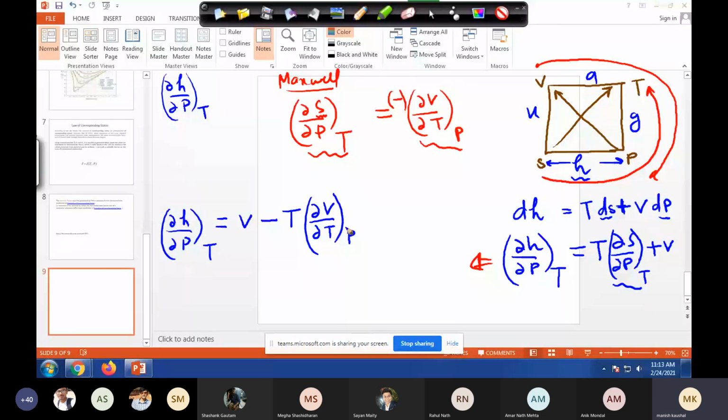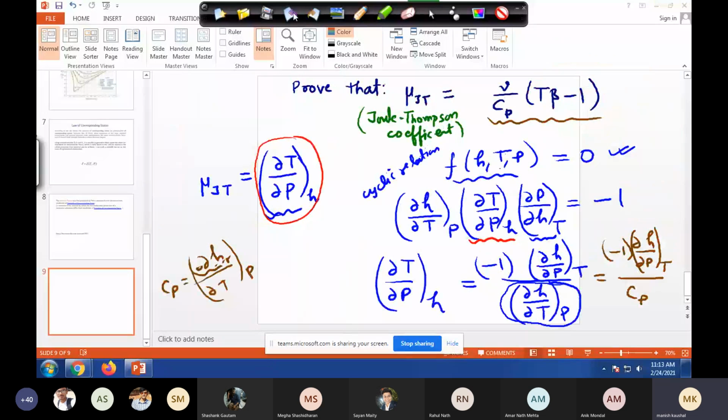Perfect. Now we are quite close to the relation which we want to prove, but before that, let me see what else we have. Yeah, fine.